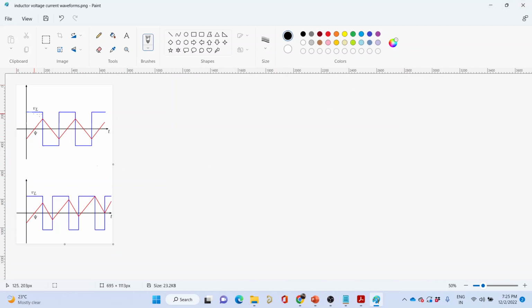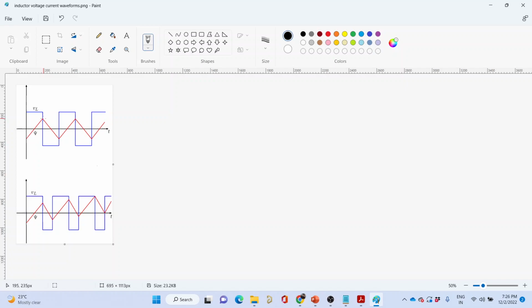So if the voltage waveform is like a square wave that you can see in the first waveform, what would the flux waveform be like? Will it be triangular like this, like the red line that I've shown? Anybody in the class? So as we apply voltage, flux will increase. So yes, this might be.